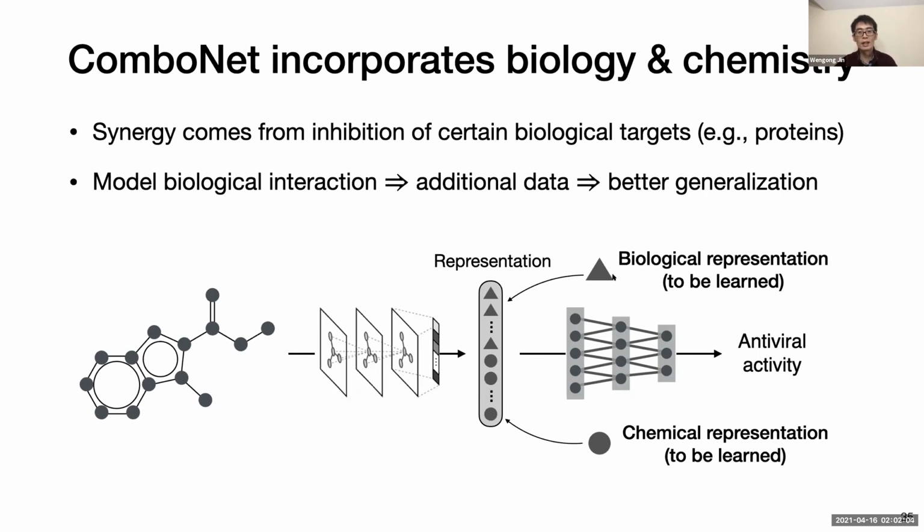These are represented by these triangles, in contrast to the previous chemical representation, represented by these circles. So now I can put both of these representations into the model to predict the antiviral activity of a drug. And by modeling the biological interaction between the molecule and these biological targets, we're able to bring in a lot more data, which can lead to better generalization.